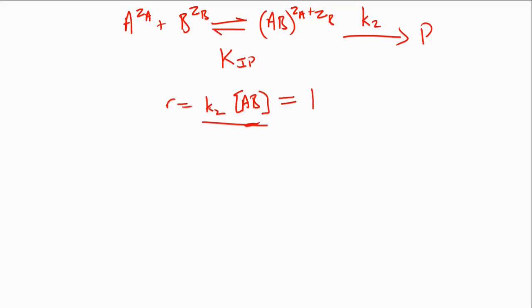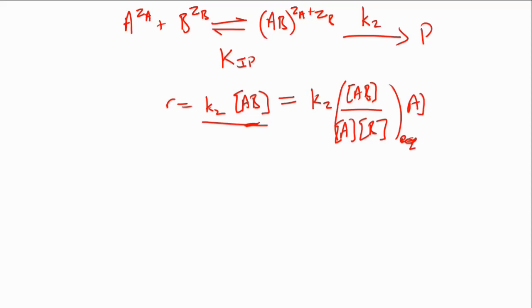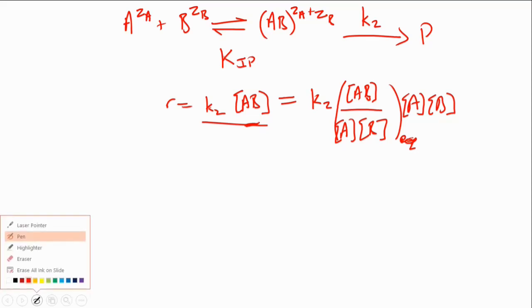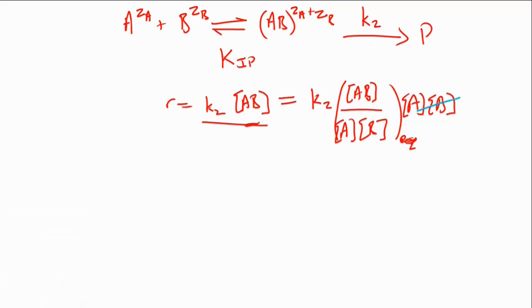For example, K2 times the concentration of AB over the concentration of A times the concentration of B. And this is basically the equilibrium expression. So I put EQ there, times concentration of A times the concentration of B. And this makes the equality here true, because if you think about it, these basically cancel.